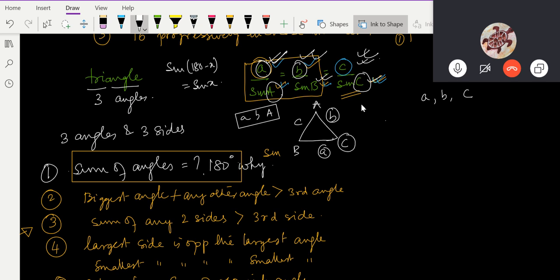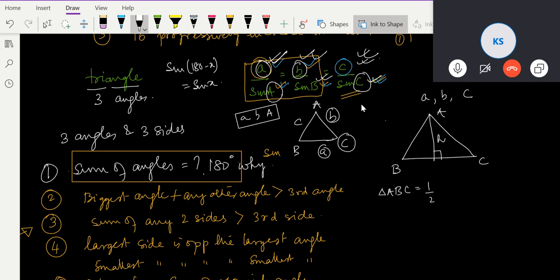The last thing that I'm going to show you today is another very important application of this rule, which is to find out the area of the triangle. So what is the area of triangle ABC?